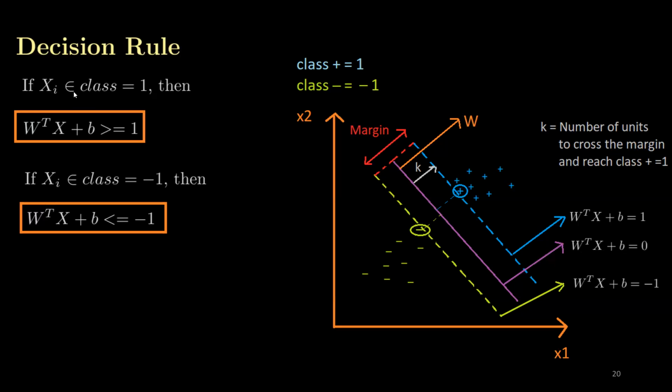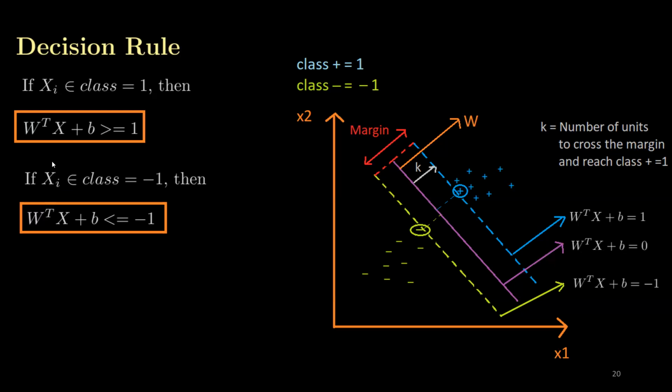So x_i belongs to class 1 only if W^T x + b is either greater than 1 or equal to 1. So if it is greater than or equal to 1, it means the data point with feature x will be either here or will be far away in the positive class. So this is the decision rule for any data point to be classified as a positive class or class 1.